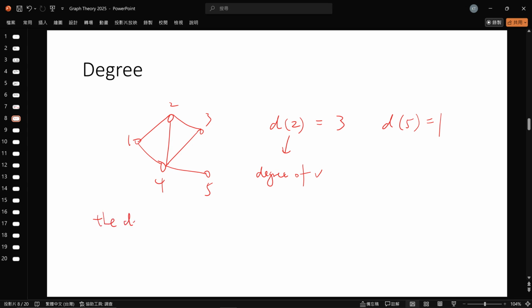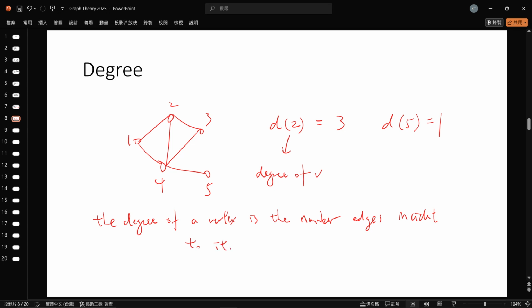So the degree of a vertex is the number of neighbors.